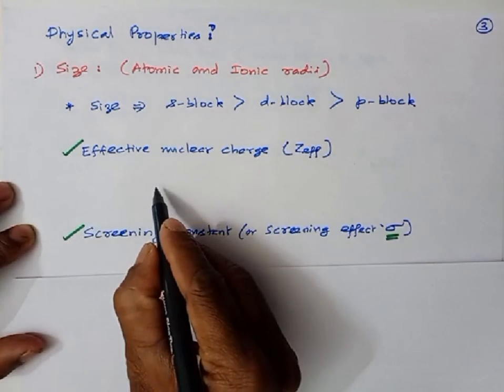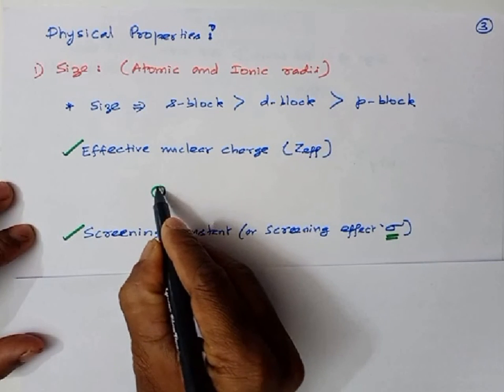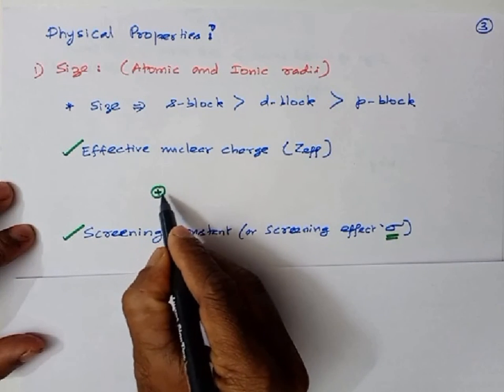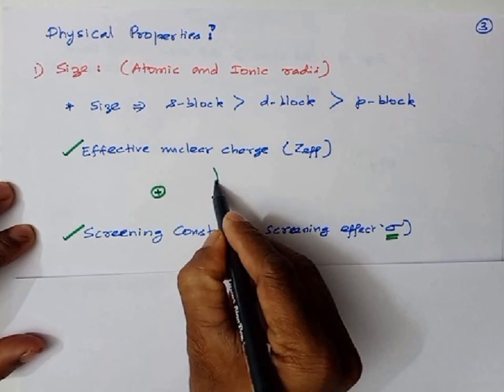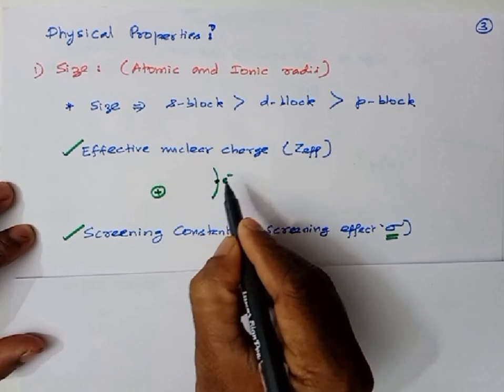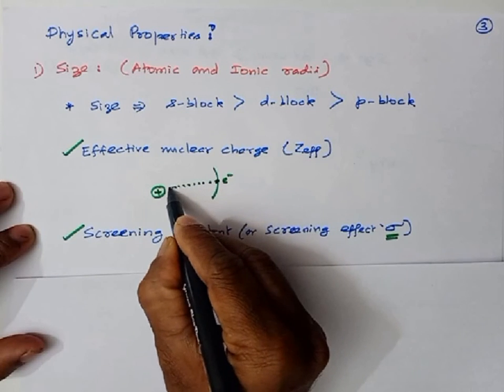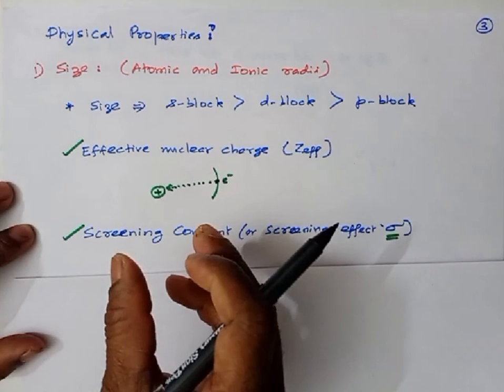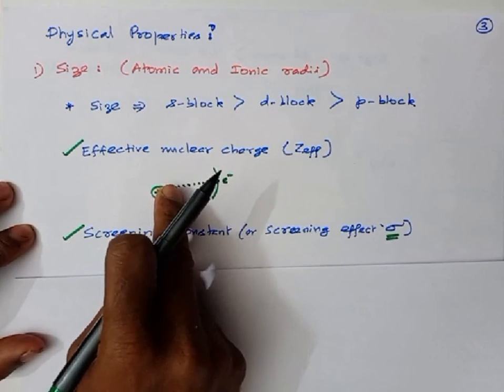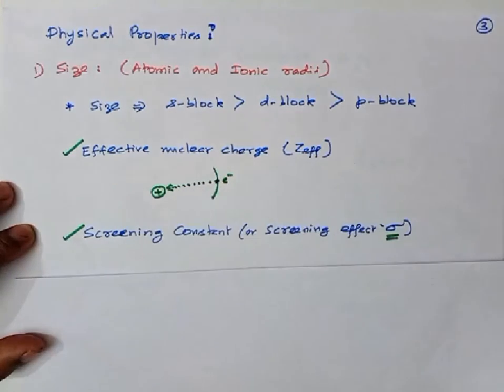Listen, students, effective nuclear charge is measured based on how the nucleus of an atom attracts the electron present in the valence shell. Suppose this is a valence shell and we have an electron here. How is this electron attracted by the nucleus? The effective nuclear charge is measured based on this attractive force.